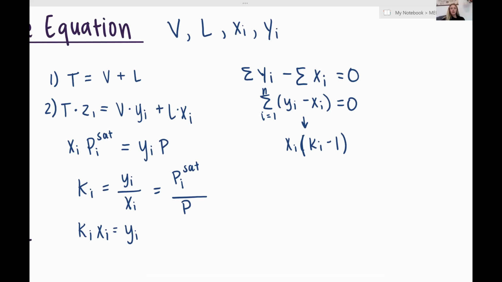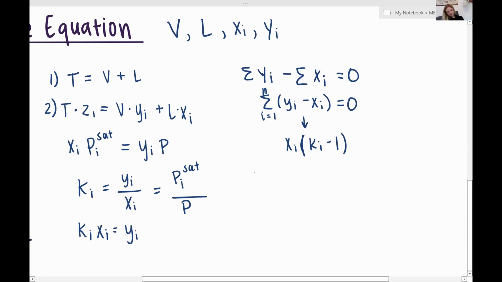If we look at equation number 2, there is a yi in this equation and an xi. So we can do the same substitution that we did a minute ago and substitute in our equation for yi.